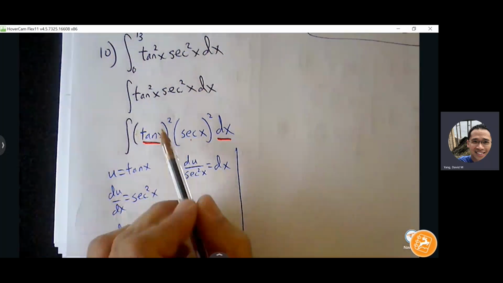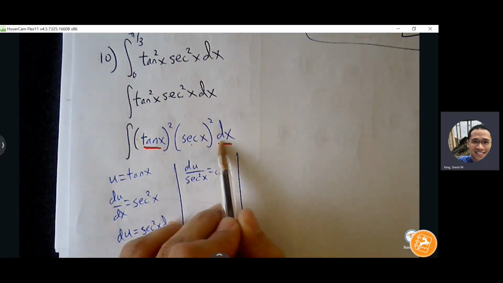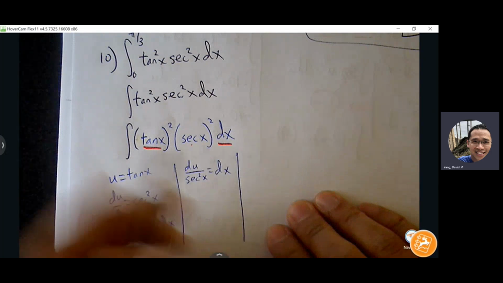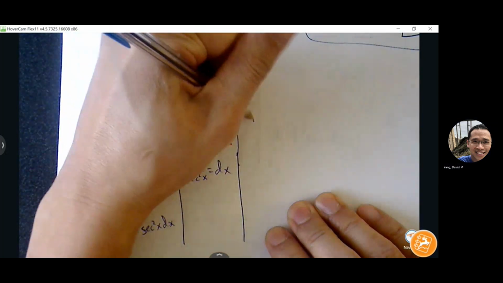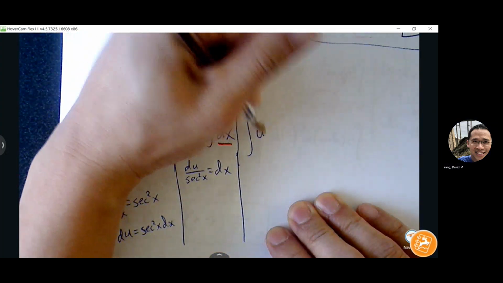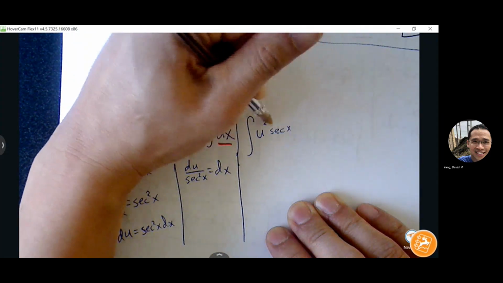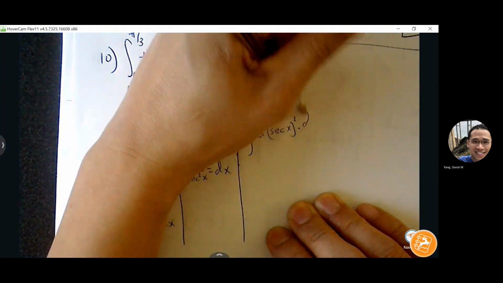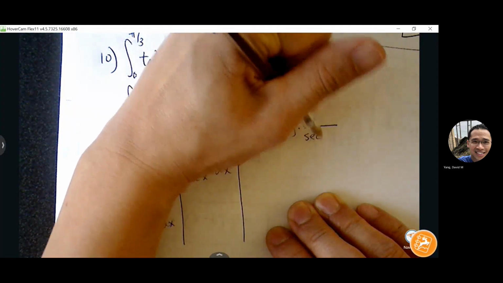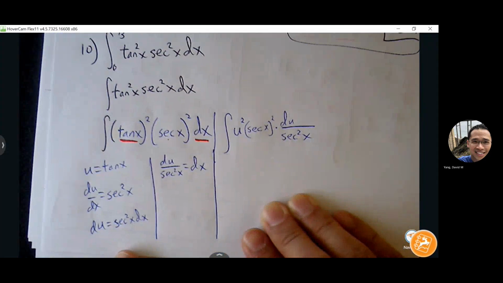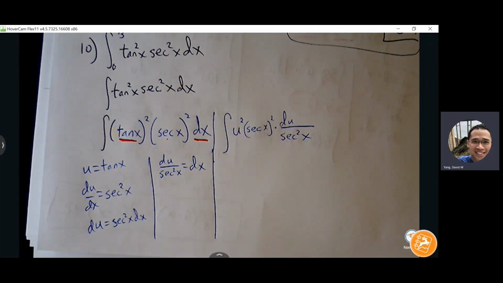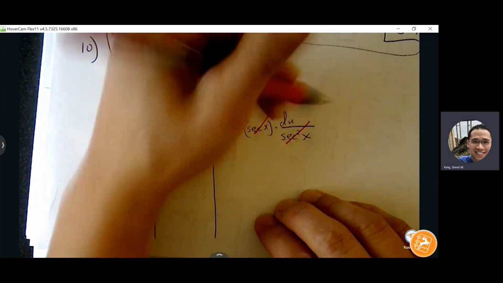Okay, we make our substitutions: u squared, secant squared, du over secant squared x. All right, do the x's go away? Yes, so that's a good sign.